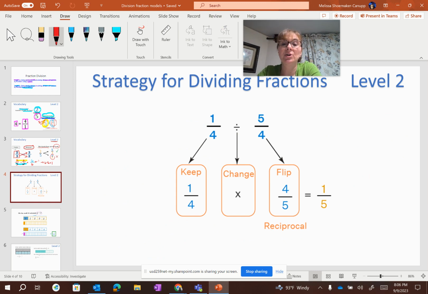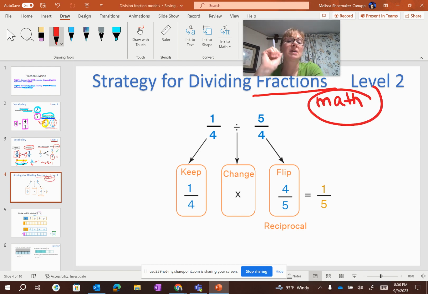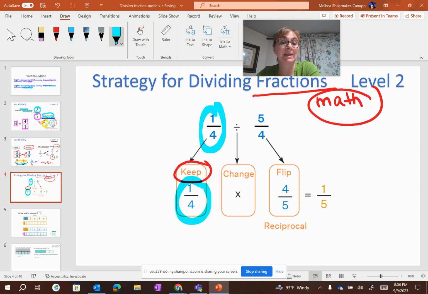Let's take a look at our strategy for dividing fractions. Now, this would be target 2 because it's the math. Okay, we're not really looking at the models just yet. We're looking at just the math. So you're going to keep the first fraction. Do you notice that 1/4 is the same in both places? What's here is here. You keep it the same.